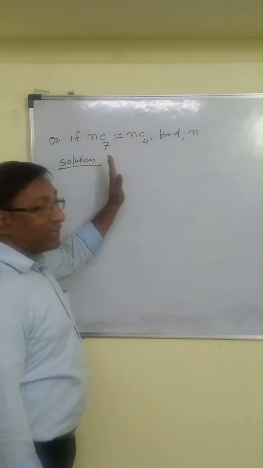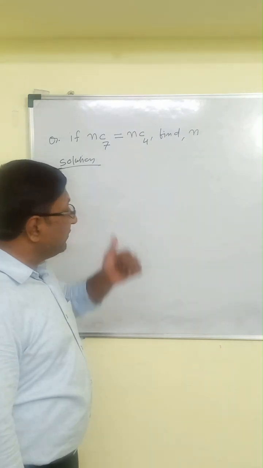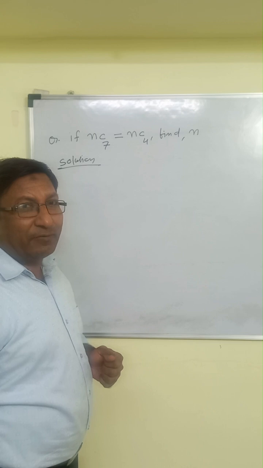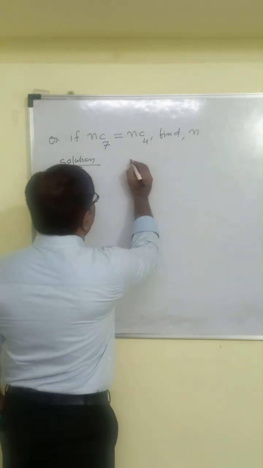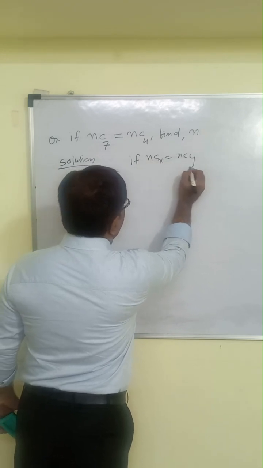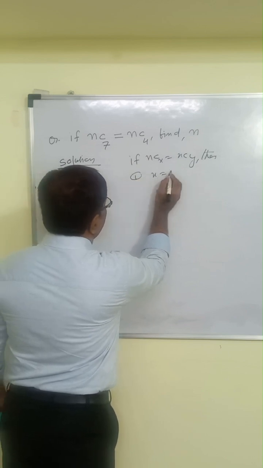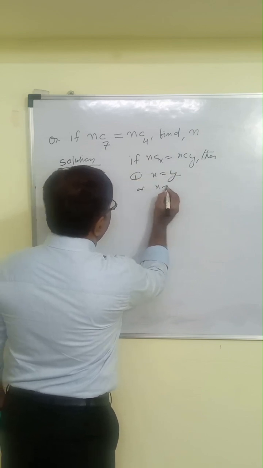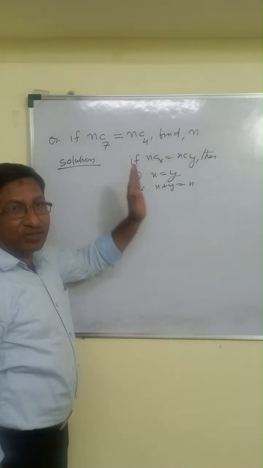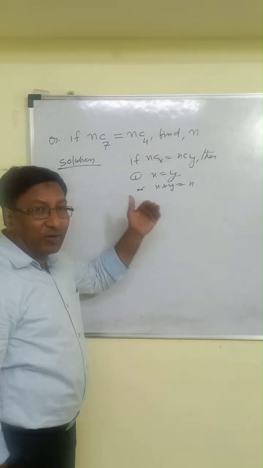Let us see the question. If nC7 equals nC4, then find n. For this type of question, we can solve very easily with a simple concept of combination. What is the condition? If nCx equals nCy, then either x equals y, or x plus y equals n. Here in nC7 and nC4, 7 does not equal 4, so x is not equal to y.